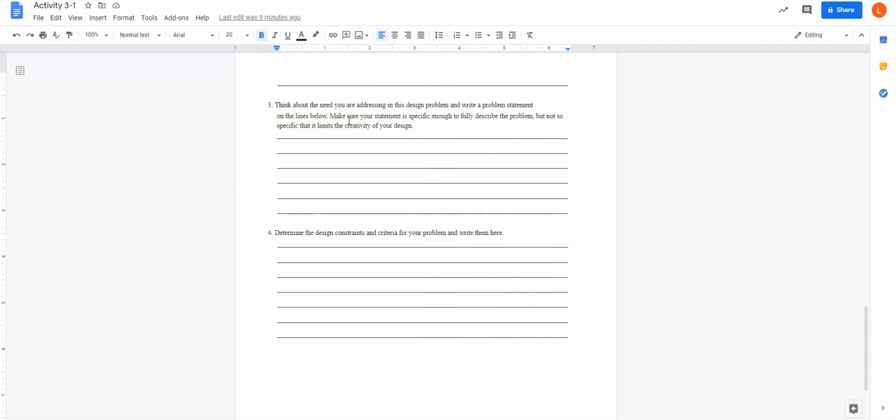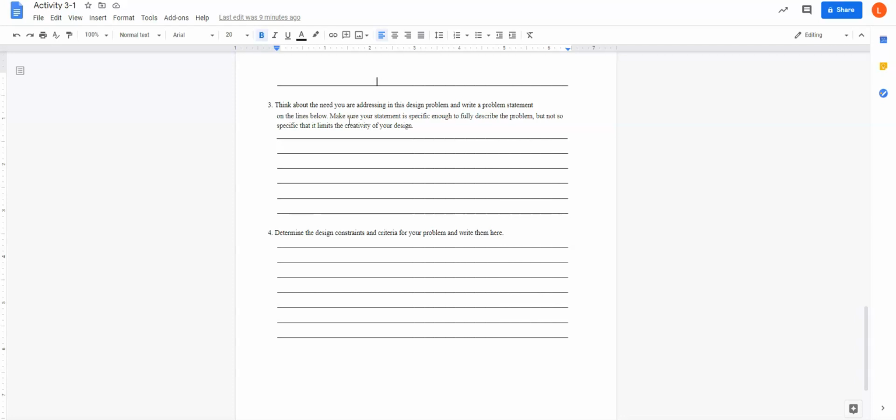So the problem statement is: my airplane headphones do not have a way to work if the battery dies. That may simply be the statement. So from there, you can come up with different solutions. That would be in a later phase, but that is my problem statement.